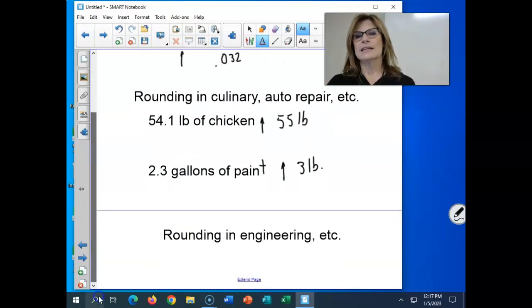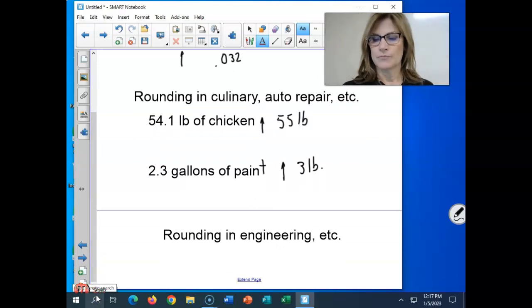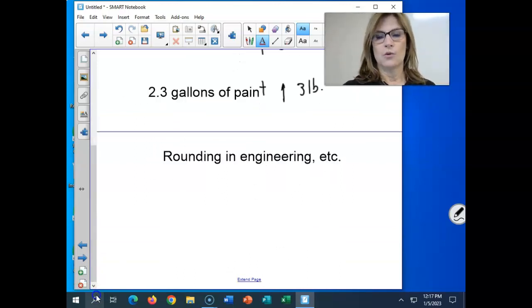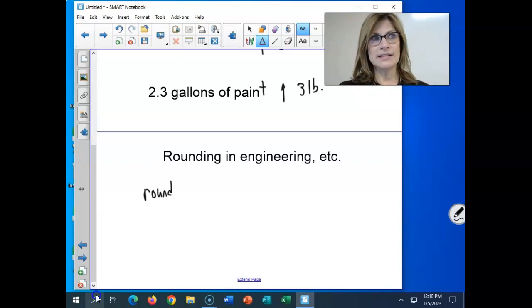In engineering, what we will do is we will round to the least significant digit, or we'll call it the least specific.